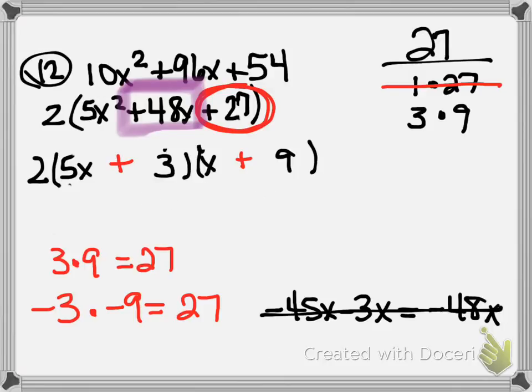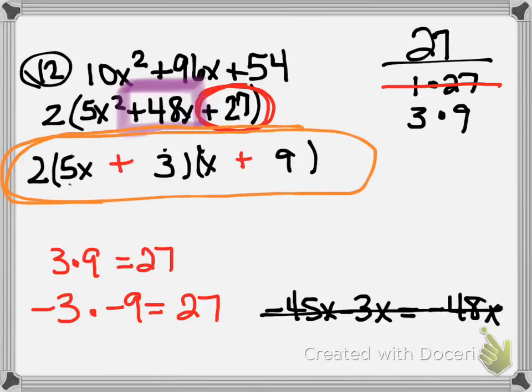Now you notice there was a 2 out front the whole time that we were doing that. That 2 was factored out from our original quadratic expression so that we would have smaller coefficients so that we could factor it in a reasonable amount of time. That 2 will simply stay with your answer and come right down.